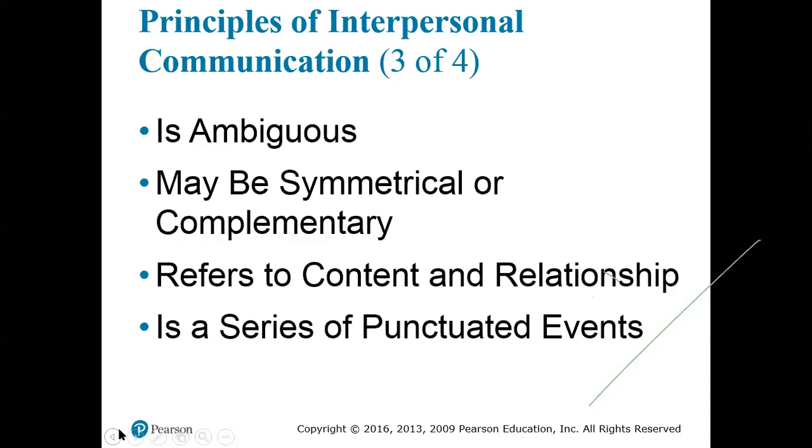She's annoyed with him because he's flirting with the waitress, and he's annoyed with her because they're supposed to be out to dinner and she's texting her sister. Maybe she feels that she's texting because he's flirting with the waitress, and he might feel that he's flirting with the waitress because she's texting. And this is a punctuated event. If you put enough of these punctuated events together, you've got a pretty awful marriage.